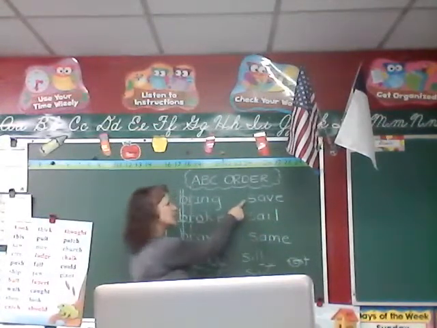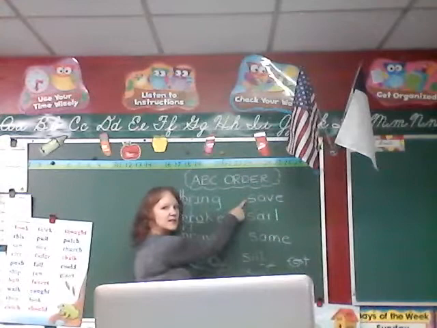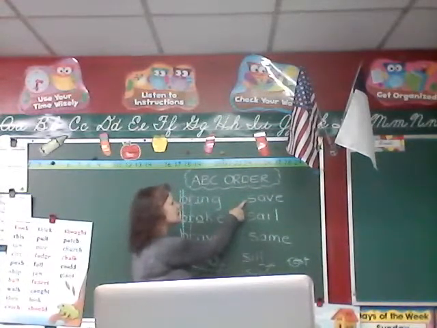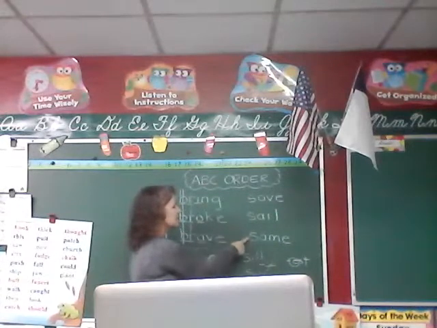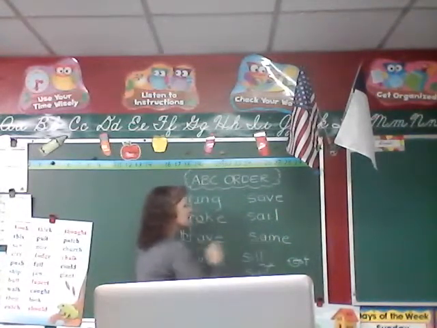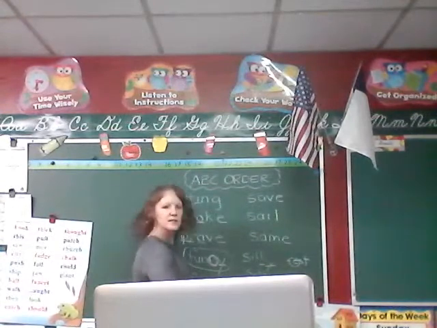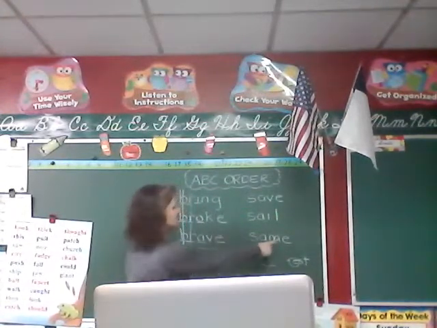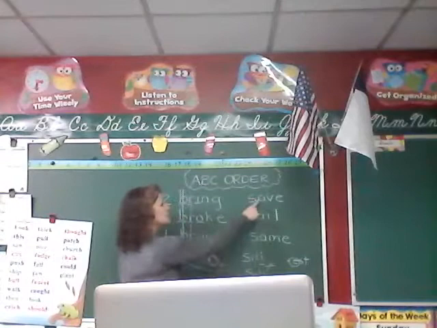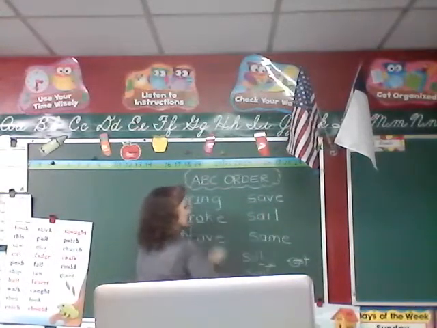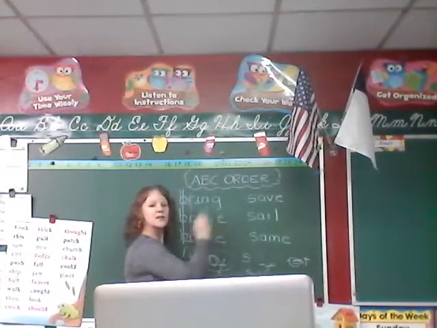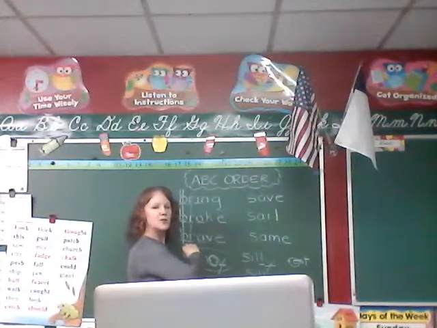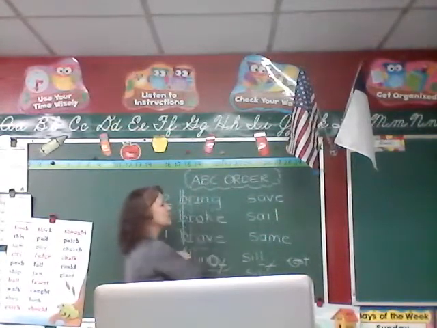Okay? Let's do the same thing with these over here. What are these words? Say them together. That's an A. Same. Okay, silent E. Two vowels, long silent. Okay, let's put these words in alphabetical order, A, B, C order.